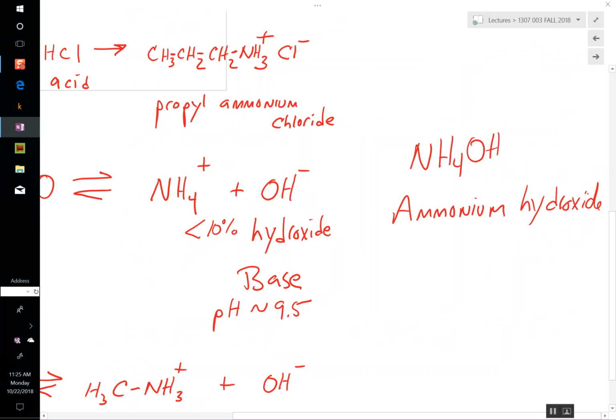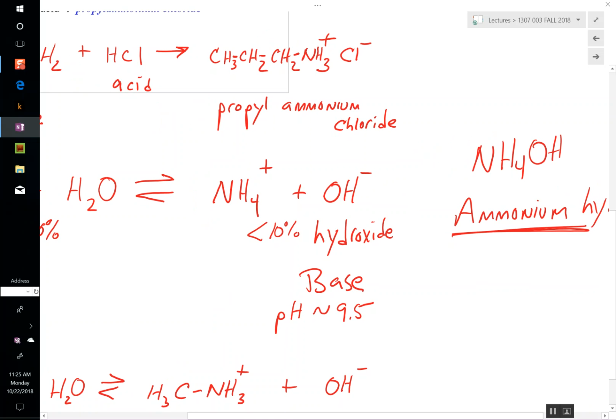All right, so you're going to see this word just like you just saw it here, propyl ammonium chloride. It doesn't mean it's the NH4+, but it does mean it is the nitrogen with 4 things around it. So we changed the name from amine to ammonium, whatever it is, propyl ammonium, ethyl ammonium, methyl ammonium, phenyl ammonium, whatever it is.